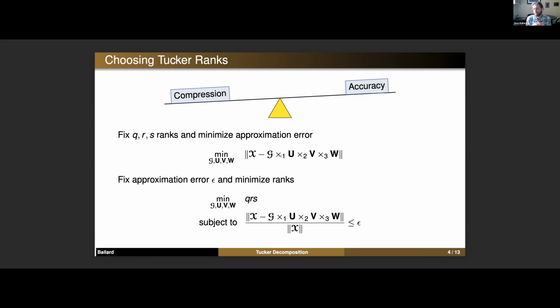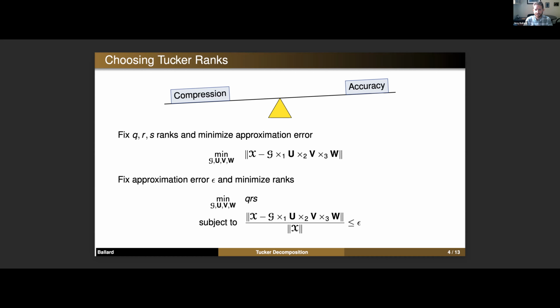This makes sense if maybe you have a memory budget. This is all I can afford memory-wise, so let me just get the most accurate that I can. Often it's unclear exactly how to pick Q, R, and S because there's lots of ways to fit the memory budget. So it's not always easy to do. Another scenario may be that I know how much error I'm willing to tolerate. So I know I'm going to get an approximation and I need it to be at least this accurate, and so let me just get the highest compression I can.